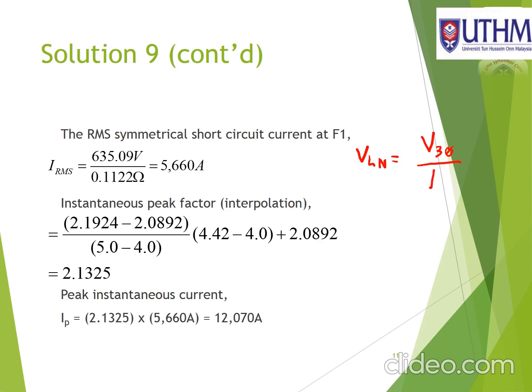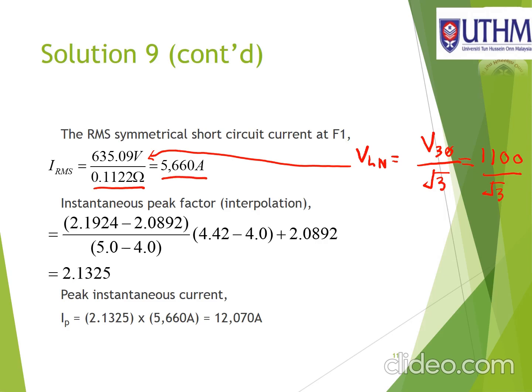So 1100 divided by square root 3 gives us 635.09 volts. Then we divide by the Z value, which is Z system, and we get the value of I RMS here.